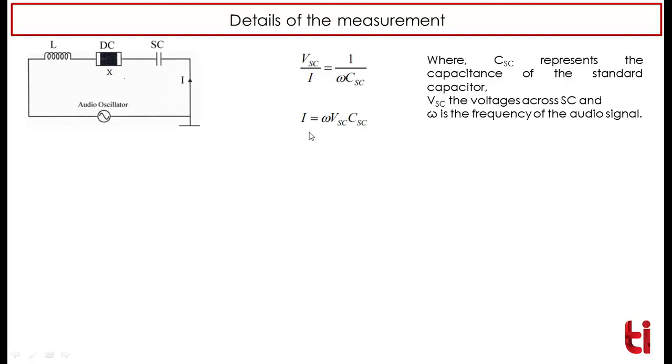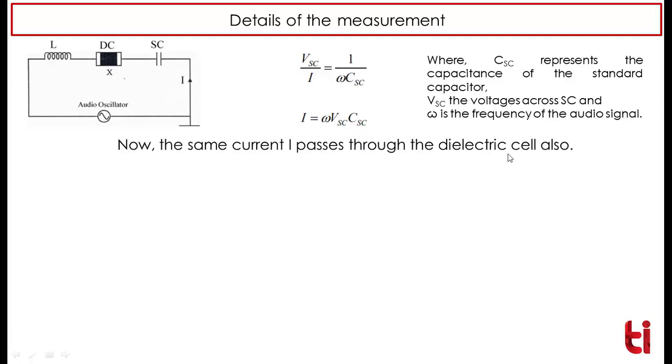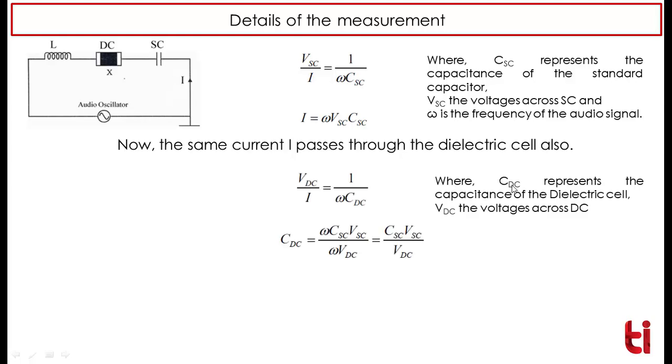So the current through the circuit can be given by I is equal to omega VSC into CSC. Now this I flows through the dielectric cell also. So for the dielectric cell also, we can write that VDC by I is given by 1 over omega CDC. So I can actually determine the value of the capacitance for the dielectric cell, which will be given by this sample.